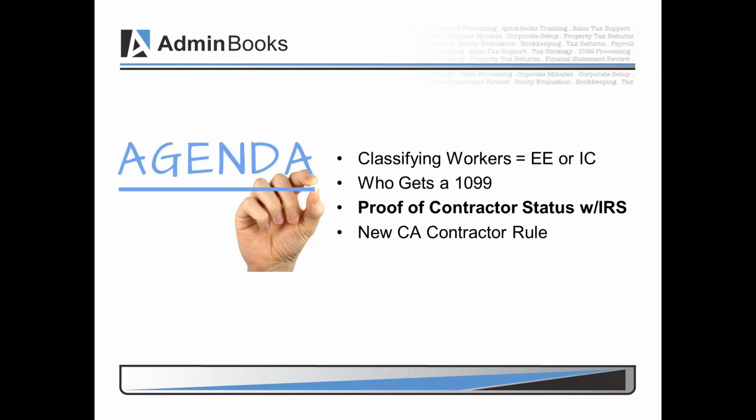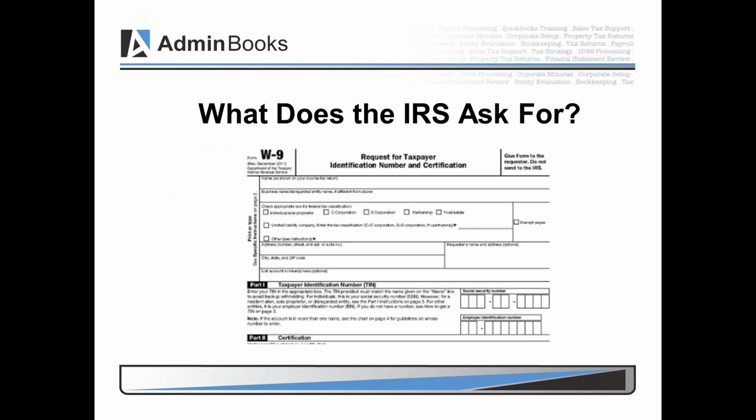I want to switch gears here and talk about what does the IRS need in order to prove a contractor status. So when you have a contractor and you kind of know the rules, know who's doing the training, know that they dictate when the work is done and how the work is done, you're going to have that independent contractor sign a contract.